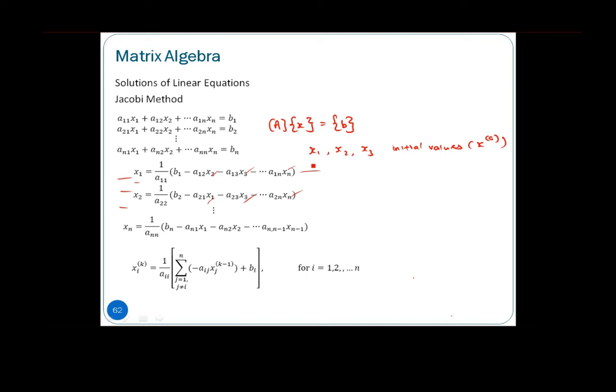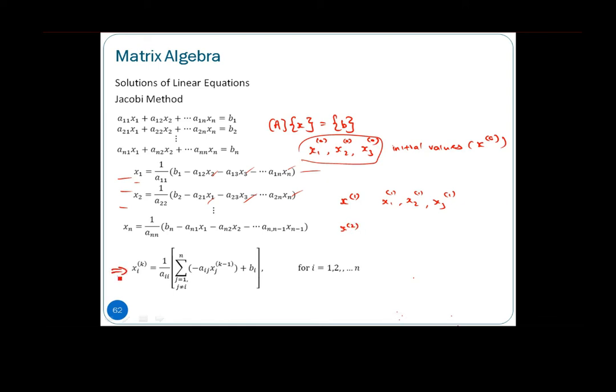Substitute everything with the initial values. Then you find your x1, x2, x3, your x for the first iteration. These first iteration values will be used for the second iteration. In this, 0 is the initial iteration, then 1, then you substitute into the second iteration and you get your x2 equation.